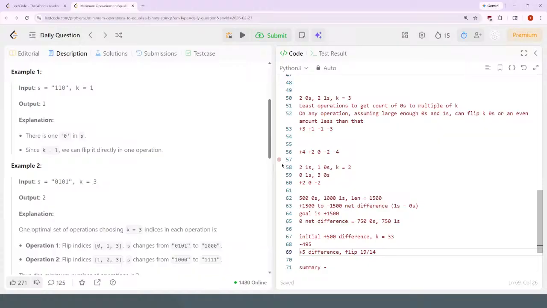No, that doesn't work. What am I doing? I need 5 plus 28. So I need a difference of 28, which isn't possible. Huh, it's not possible.